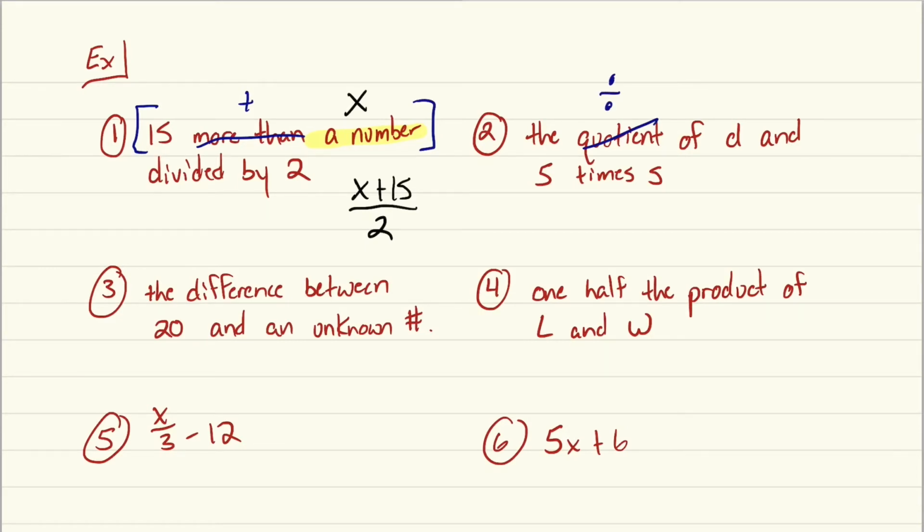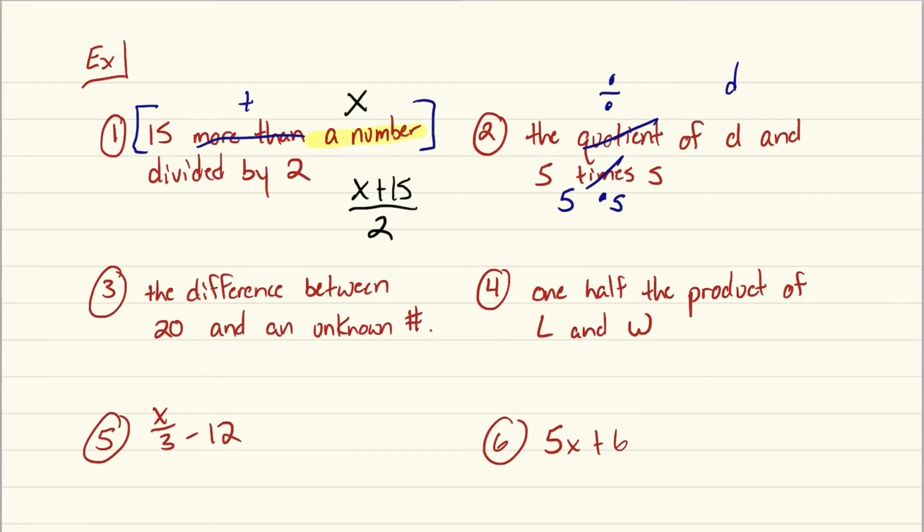D is our variable here. And then we have 5 times, which we know is multiplication, S. So what I know that I have to do here, rereading and making my notes, right? 5 times S, the quotient of D and 5S.